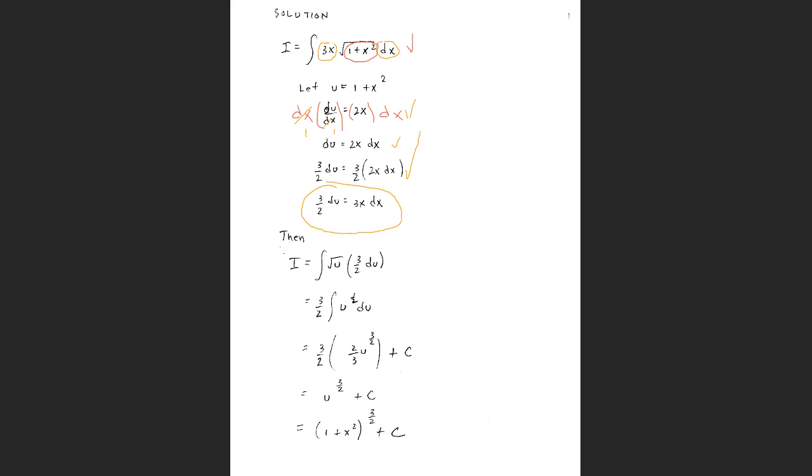The 1 plus x squared becomes the u, so I have the square root of u, and then 3x dx becomes 3 halves du. And so I converted this integral with respect to x to a much easier integral with respect to u. I mean, isn't that fascinating? It's kind of fascinating, right?